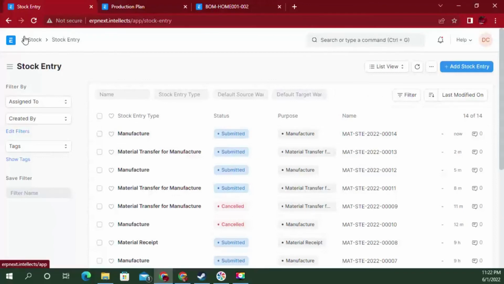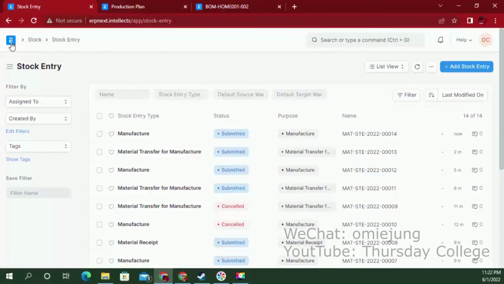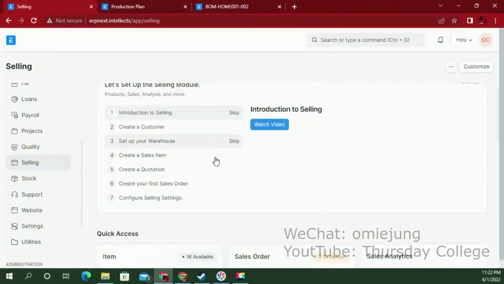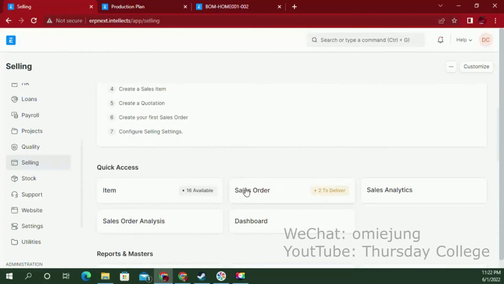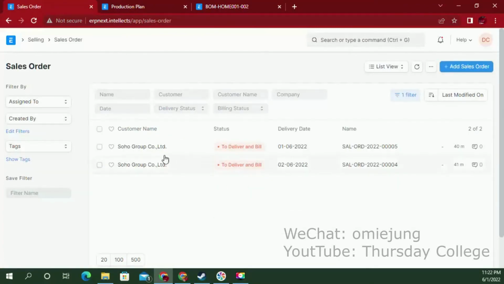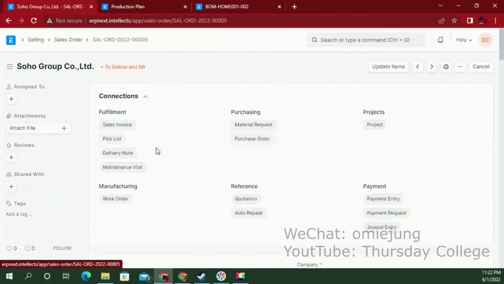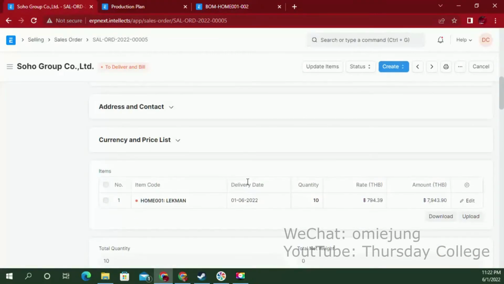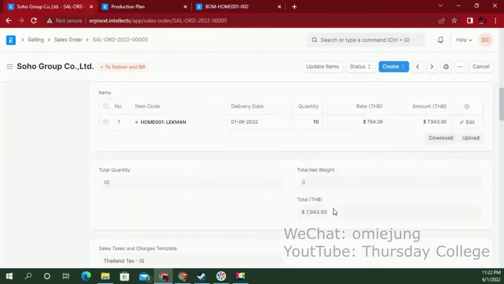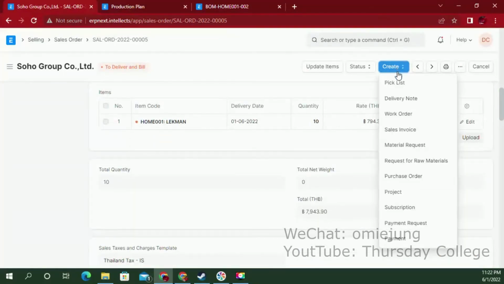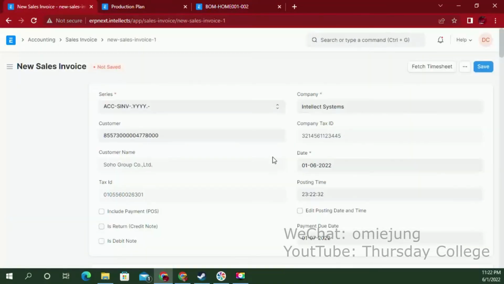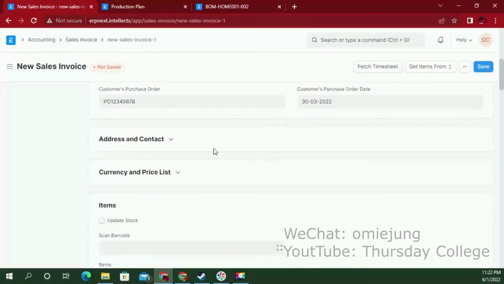However, if you just continue the selling process, you go to the customer in here, the sales order. And then I think number 5, right, this one, number 5, and this one we created already. Then this item we want to sell, so we create the sales invoice.